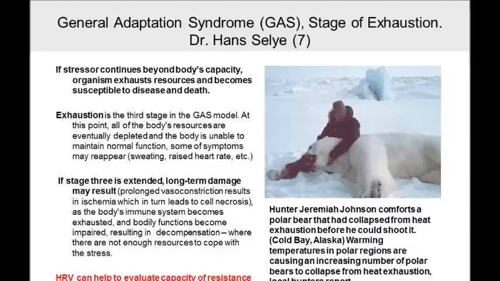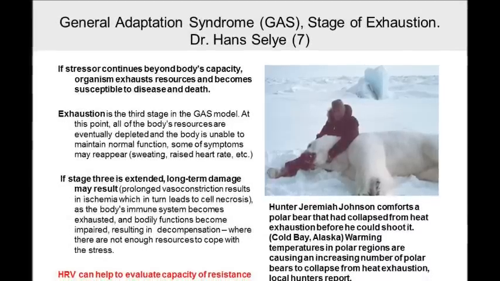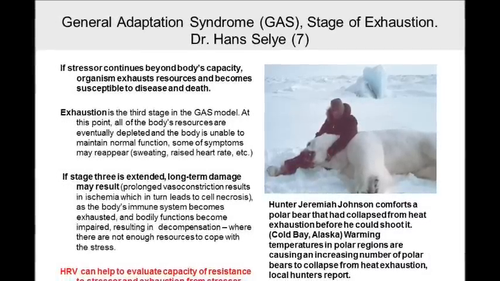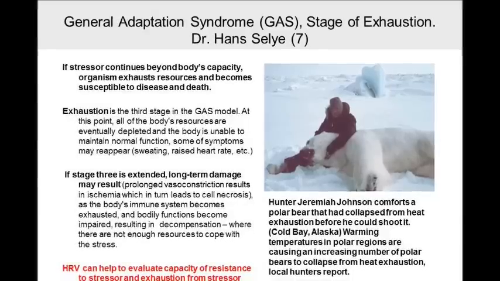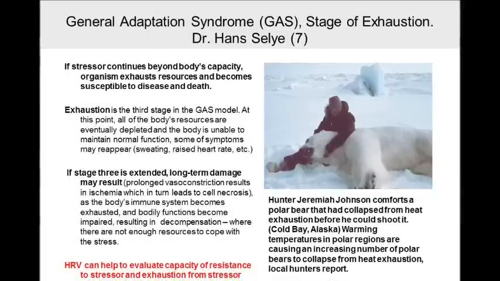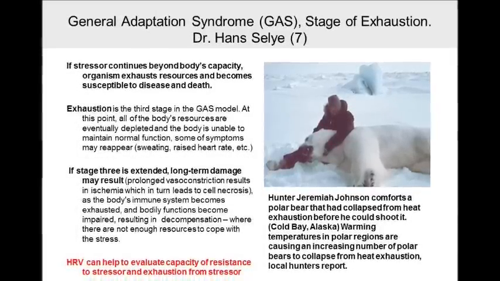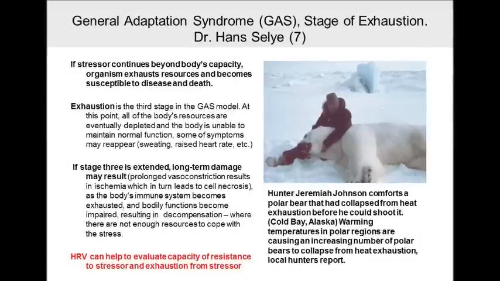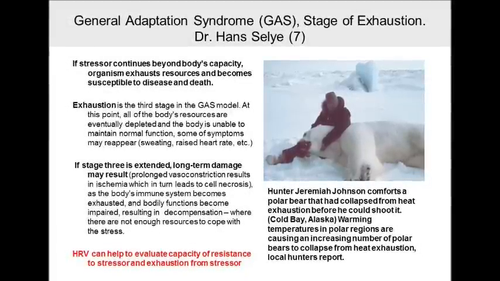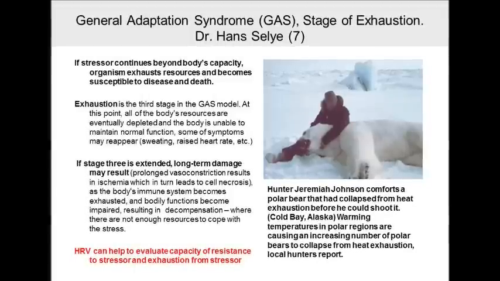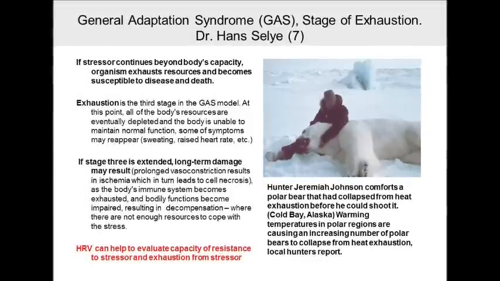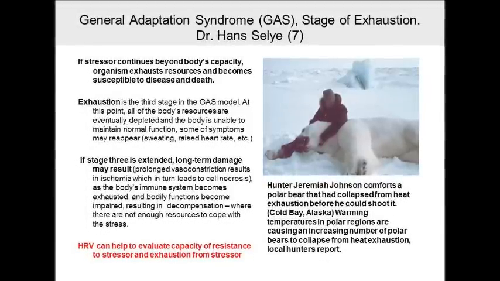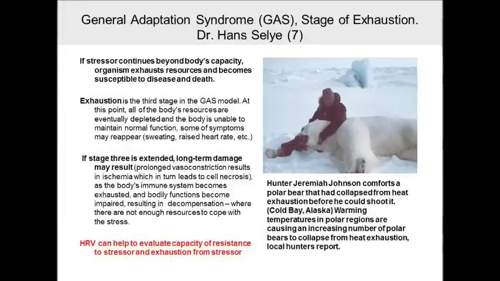He feels very warm when the temperature comes up. So warming temperatures in polar regions are causing an increasing number of polar bears to collapse from heat exhaustion, local hunters report.